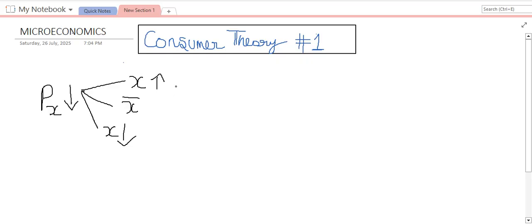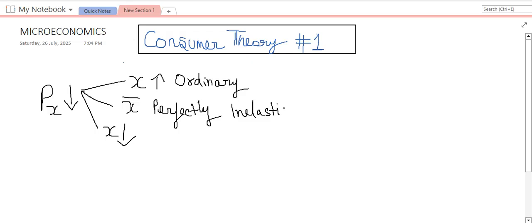Now we can categorize these three changes into three different types of goods. If price falls and the demand increases, then this good is an ordinary good. If price falls and demand remains constant, we say it is perfectly inelastic. A diagram for perfectly inelastic would be this one.